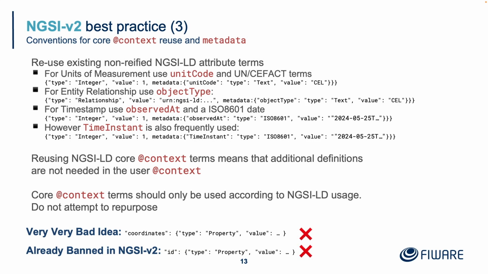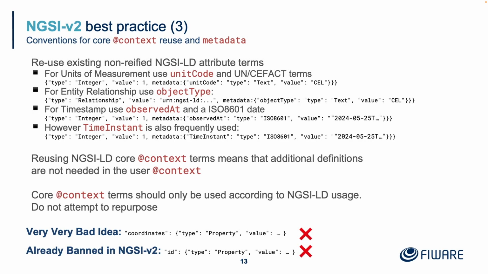So, for example, having an attribute called coordinates, which is actually already part of the GeoJSON specification, is a very, very bad idea. It's not banned in NGSI v2, but it would not work in NGSI-LD. It's a bit like trying to come up with an attribute called ID. An attribute called ID is completely and utterly impossible in NGSI-LD because an ID is a URN.